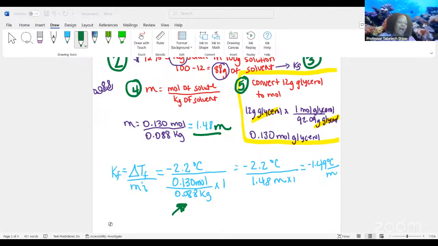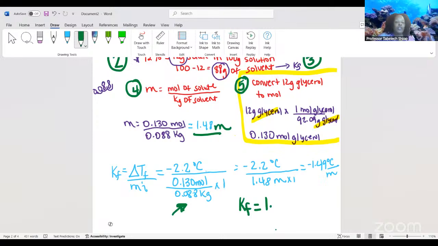Now, FYI, your constant will never be negative. So the negative sign actually drops off, and you're going to end up with, simply put, 1.49. So your K of F will never be negative. They were telling you that the temperature dropped to negative 2.2, but we will never have a negative sign for our K of F constant.